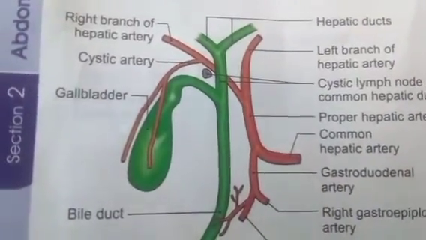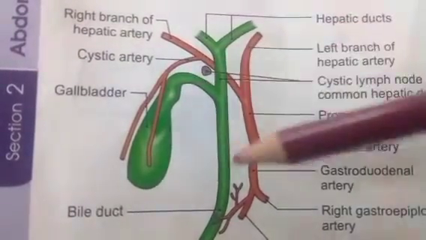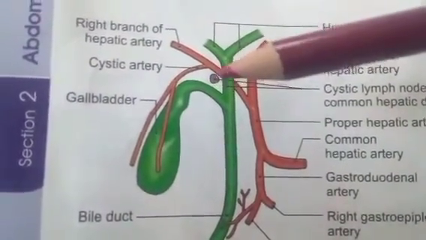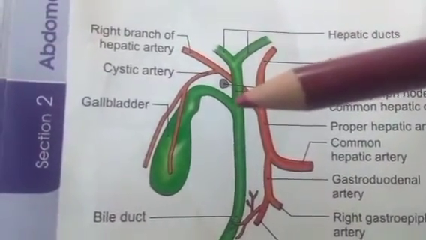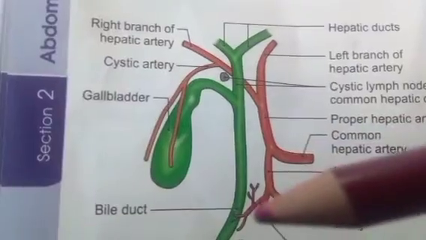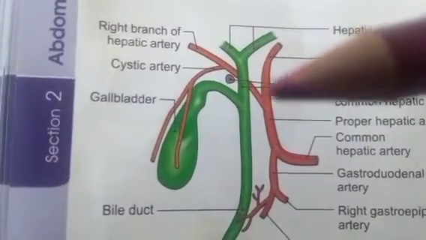The parasympathetic nerves are motor to the musculature of the biliary apparatus and inhibitory to the sphincters, whereas sympathetic nerves are motor to the sphincters and they have a vasomotor effect.